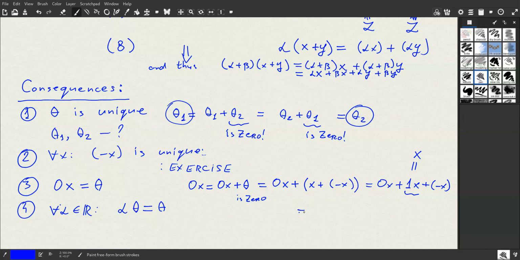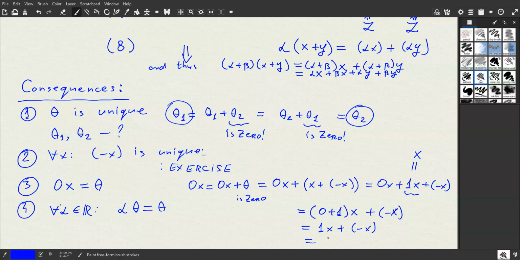Now using the distribution law, we can say that this is 0 plus 1 times x plus minus x. Here, this is just addition of real numbers. So 0 plus 1x is 1x plus minus x.